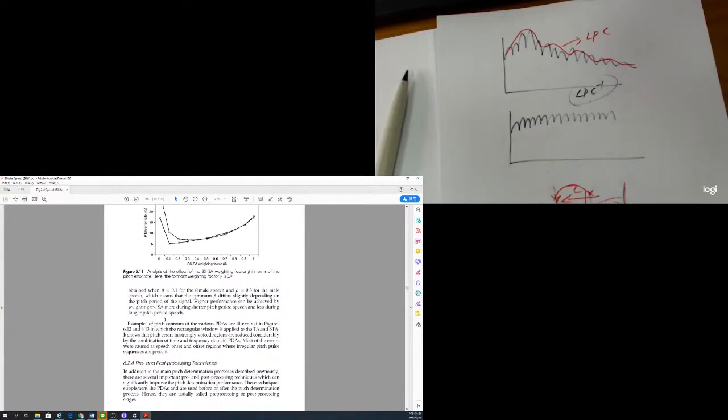You can see an example of pitch contour variation for the pitch detection algorithm. In figures 6.12 and 6.13, they show pitch error.